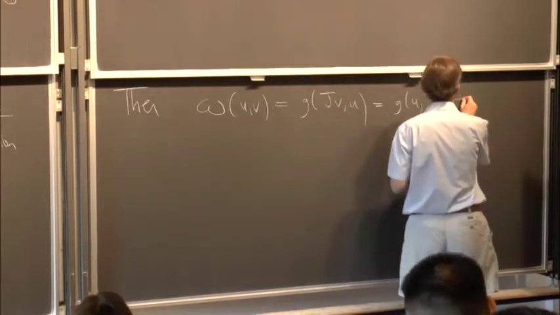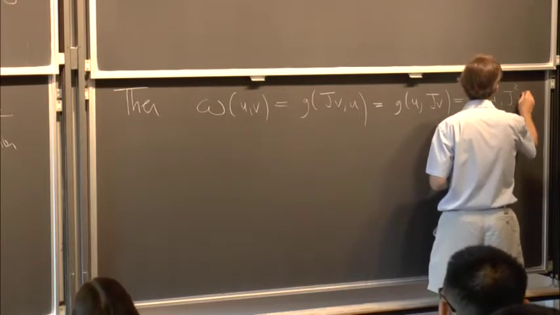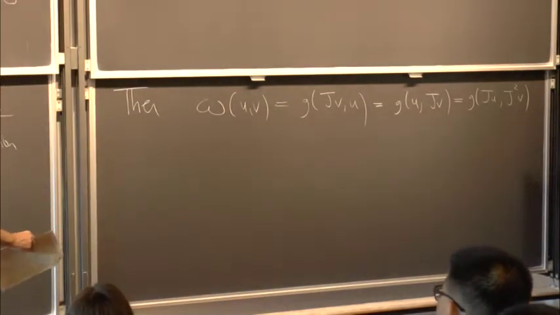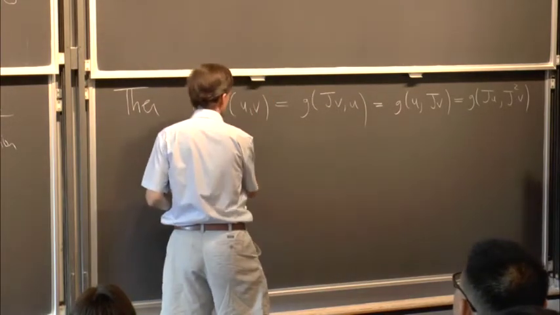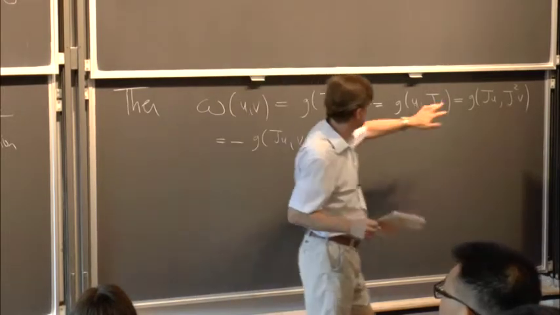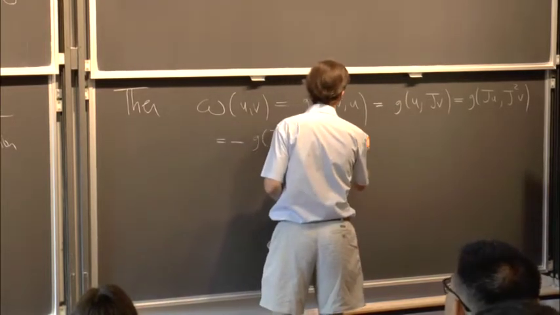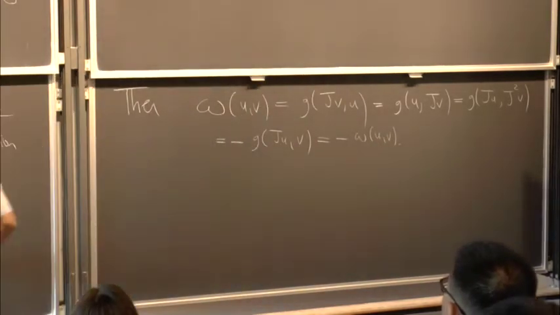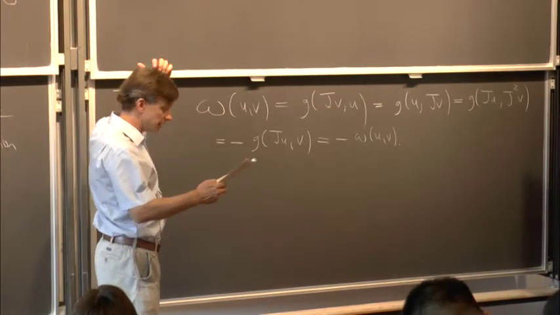Now this is g(Ju,J²v), because of the Hermitian condition; we can apply J to both sides and not change it. So this is now minus g(Ju,v), because J² is minus the identity, which is minus omega(u,v). Since g is symmetric in its two indices, this shows that omega is antisymmetric in its two indices.